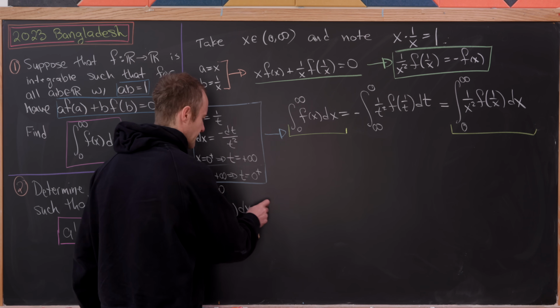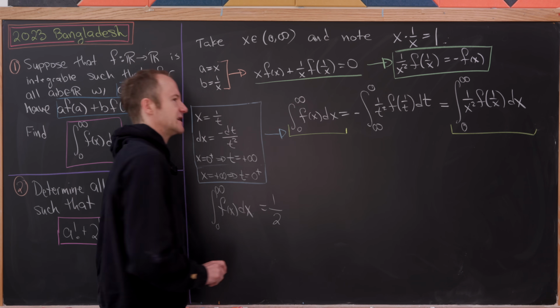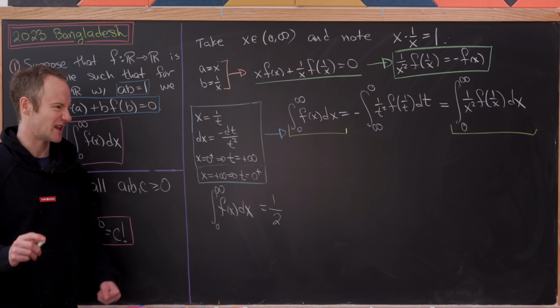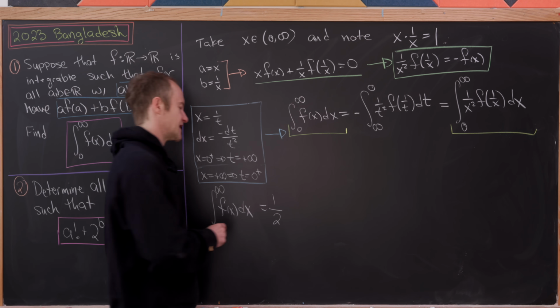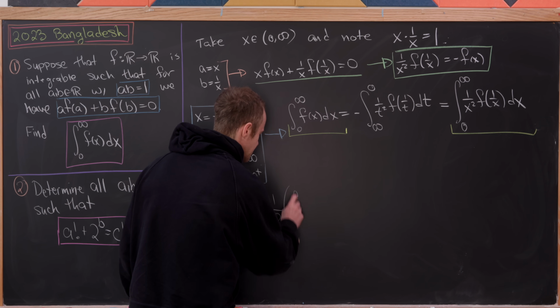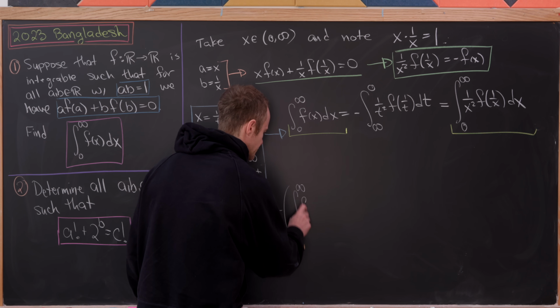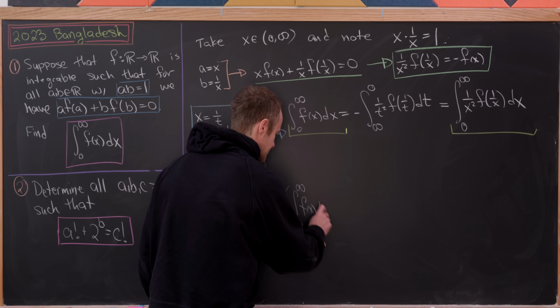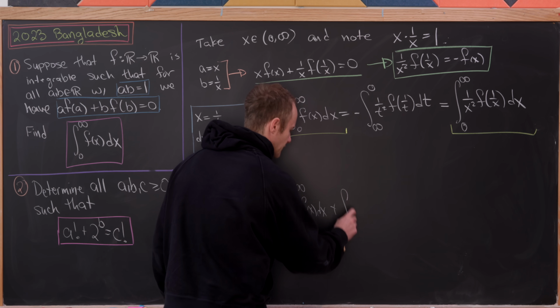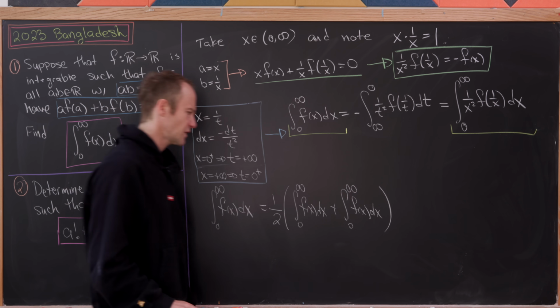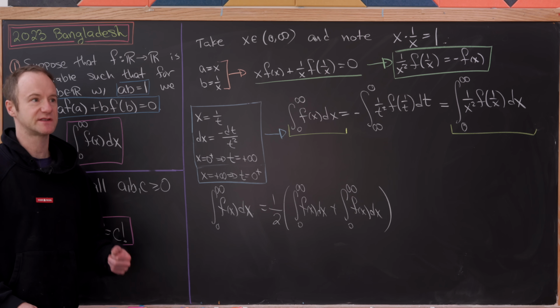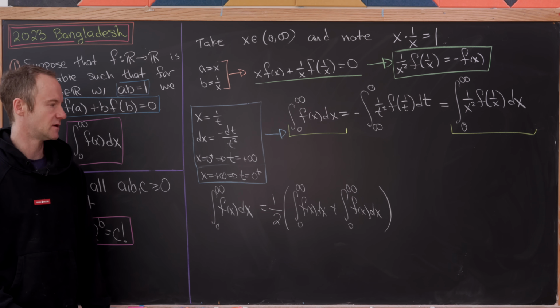Now I'm going to do this trick that I like to do, which is a little bit silly, but I like how it condenses everything down into one line. I'm going to write this as 1/2 times the integral from 0 to infinity of f of x dx plus the integral from 0 to infinity of f of x. That's just 1/2 times something plus itself.